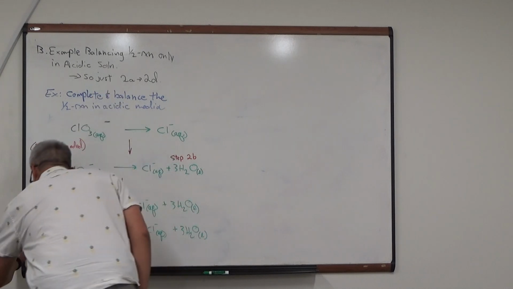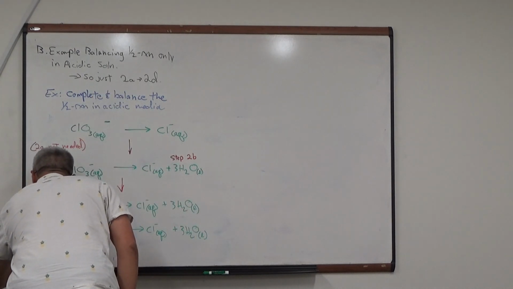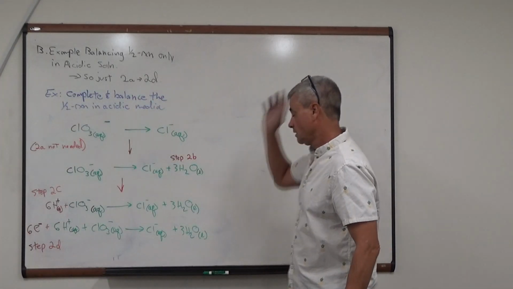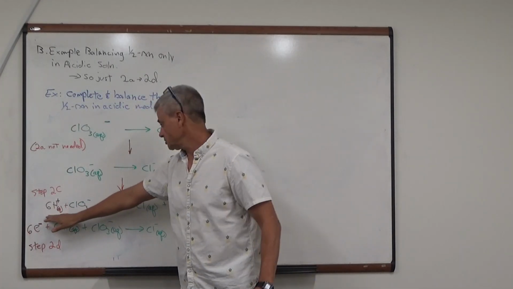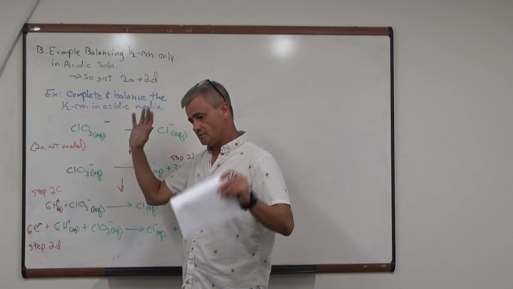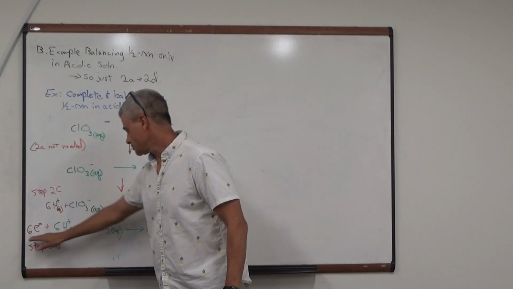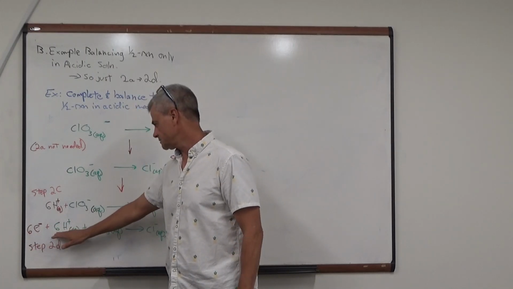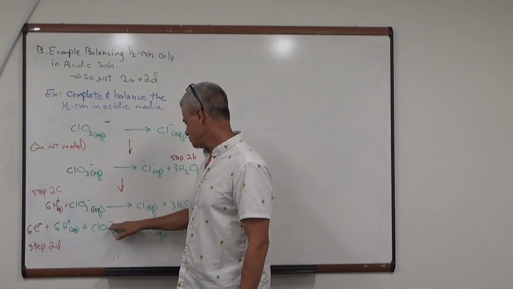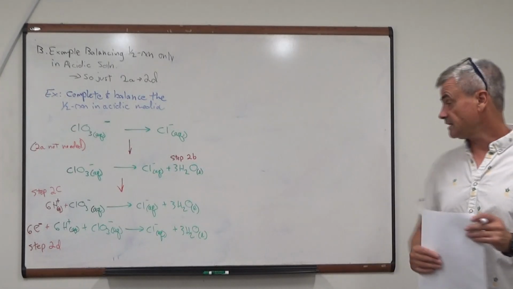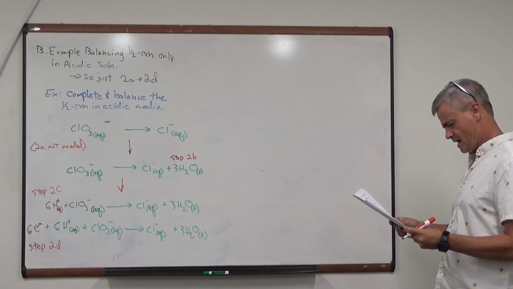And this was step 2D. Sorry about that. So we have six positive charges here, and the 1 minus is an overall +5, and we have a minus here. So now the electrons neutralize the protons, and we have a -1 there, -1 there, so it's balanced by charge. So that's how we balance a half reaction.